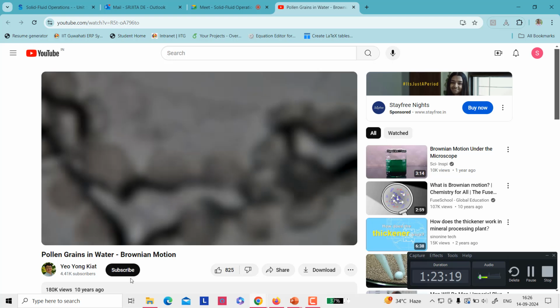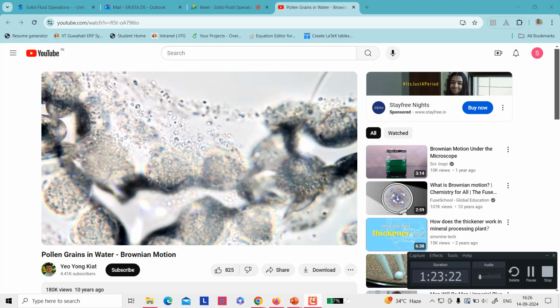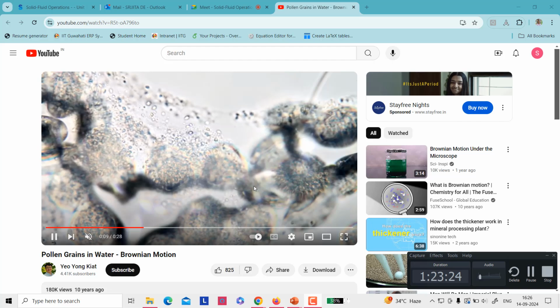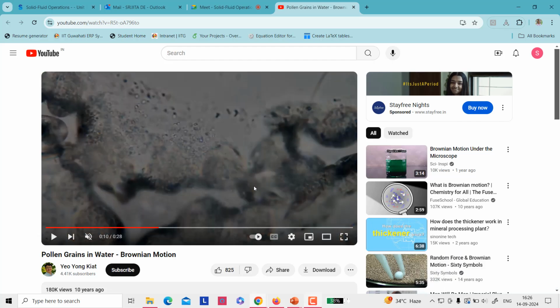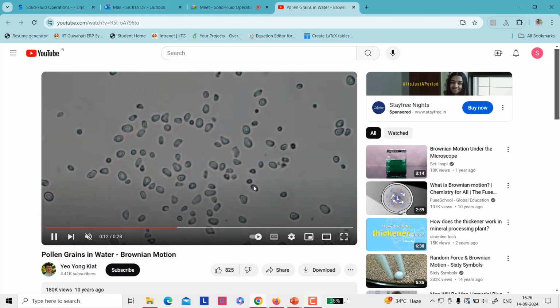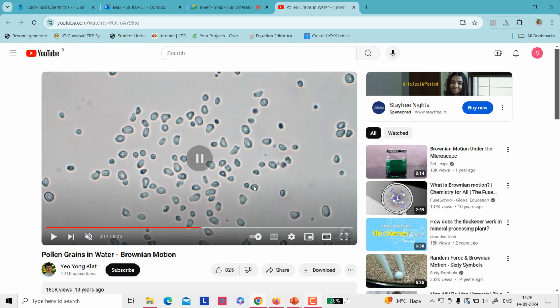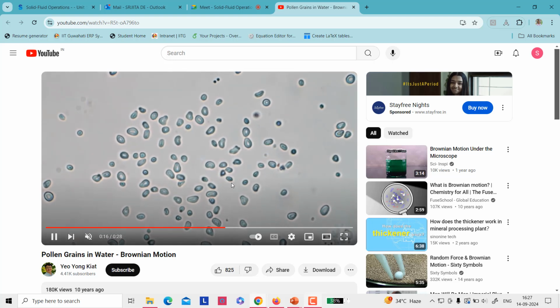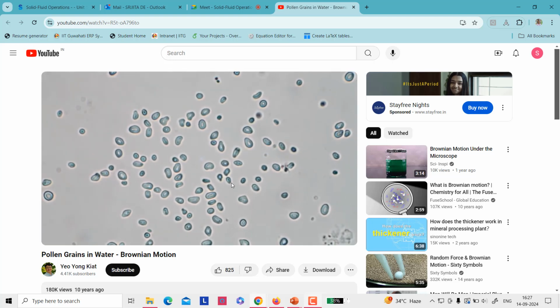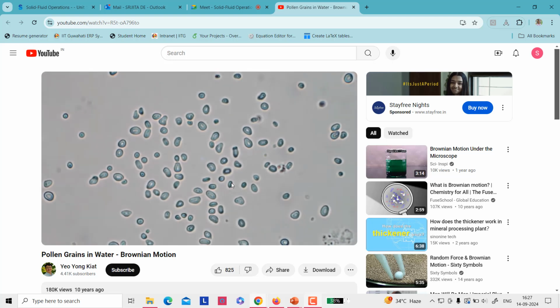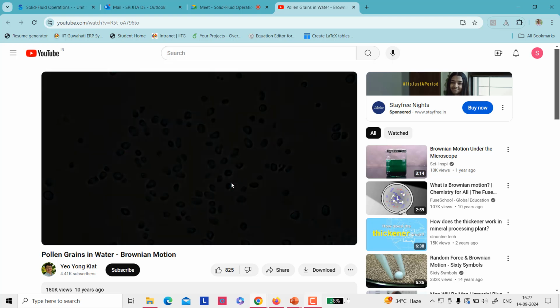We can see that with the help of Brownian motion, these pollen grains, which are very small in size, are moving freely in this medium in random directions. It looks like they are vibrating, but they are not vibrating. This is their random Brownian motion. So this is the random Brownian motion of pollen grains in water.